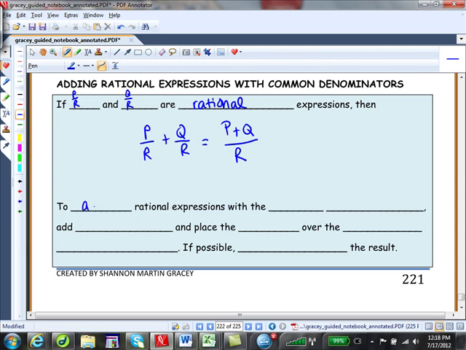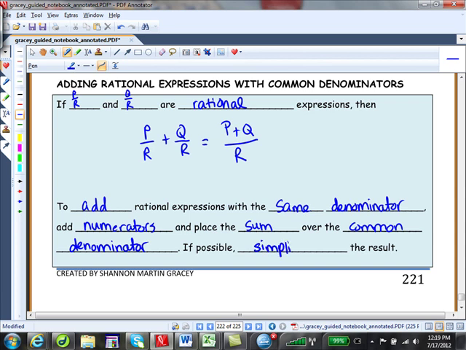So to add rational expressions with the same denominator, add numerators and place the sum over the common denominator. If possible, simplify the result.